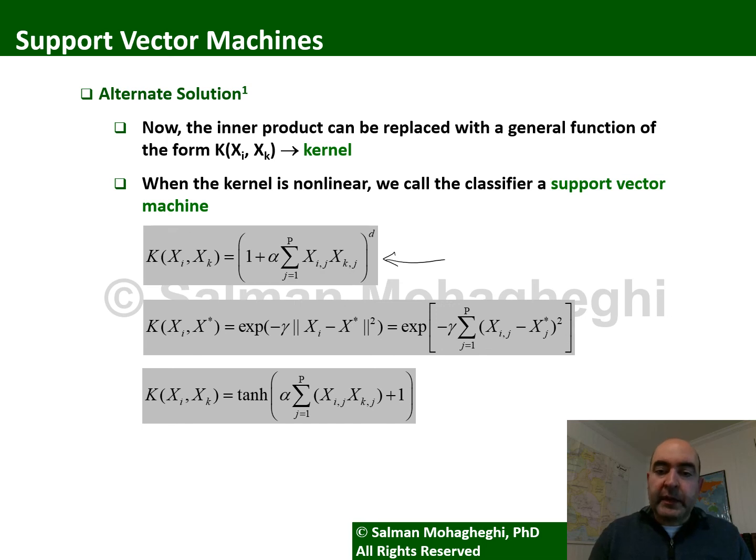It could be a radial basis function, which provides a kind of local behavior, or it could be a hyperbolic tangent. Typically, if you have a local behavior in classes, the radial basis function would be the best one. Otherwise, you can do trial and error for which one of these kernels would give you the smallest test error, and then go with that.